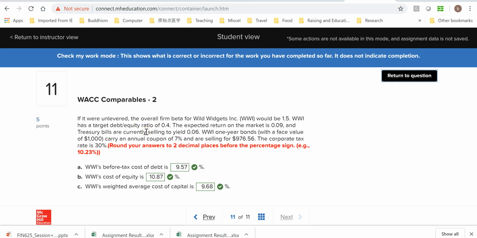So we have to relever based on the unlevered equity beta, and then we can figure out the cost of debt and cost of equity under the target capital structure, and then we can figure out the weighted average cost of capital.